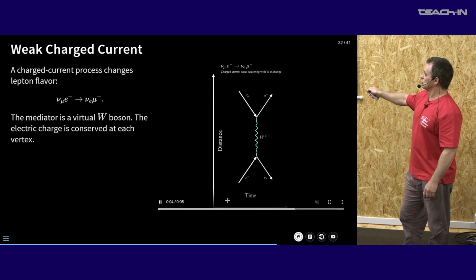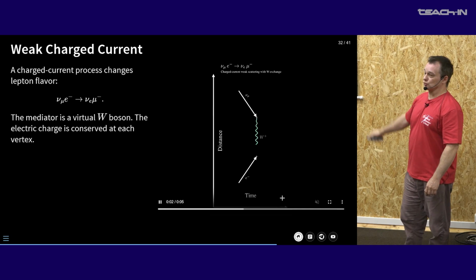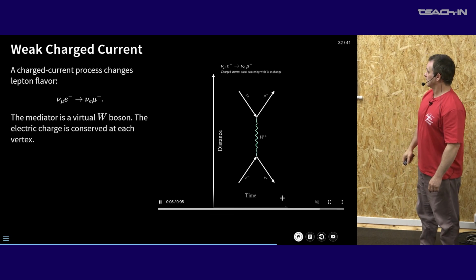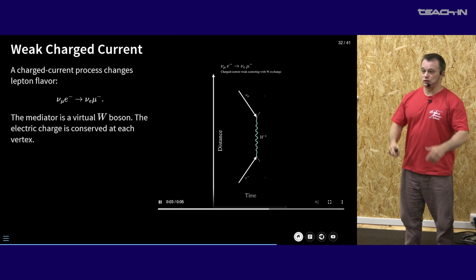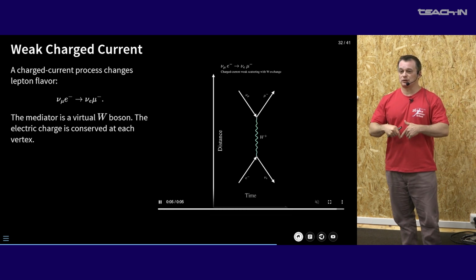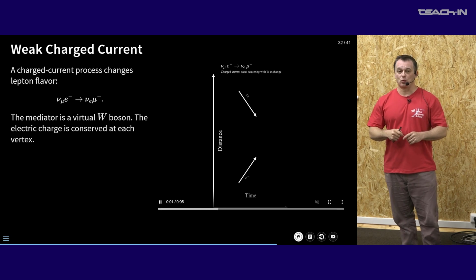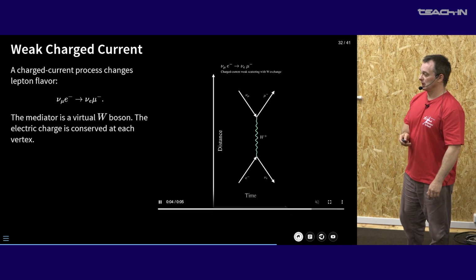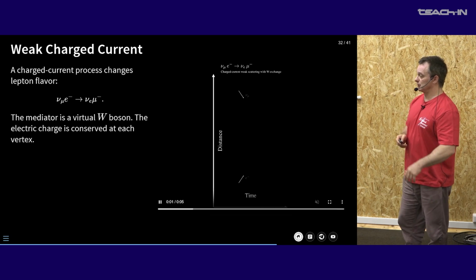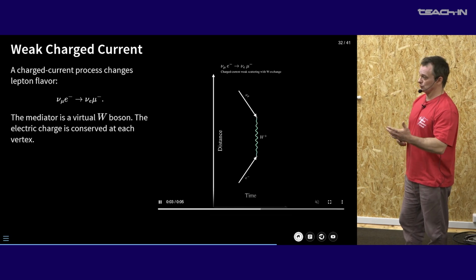And then this W boson is absorbed by an electron and transferred to an electron neutrino. So you see, the weak interaction is the only interaction we know which can transform the type of the particles. All other interactions, strong and electromagnetic, keep the particles untouched in terms of their nature.